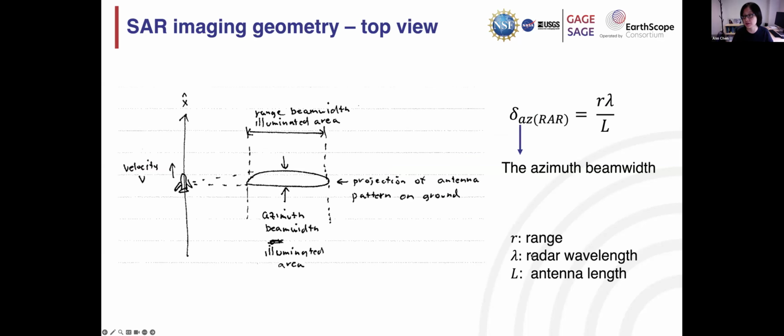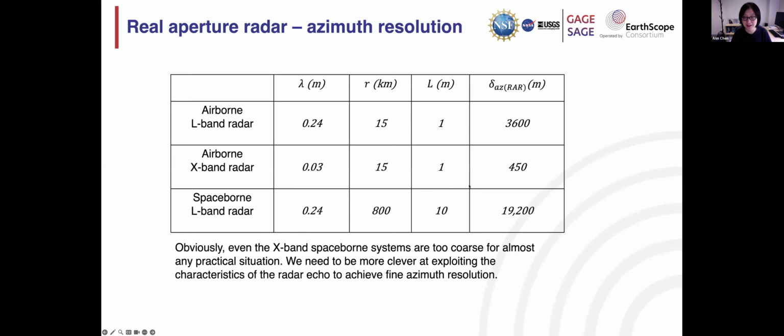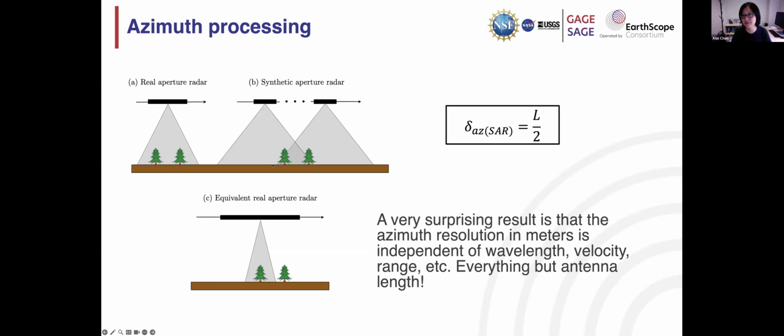If you go back to the previous one, when you have a longer synthetic aperture length, your azimuth resolution number goes down, and a smaller resolution is better, right? It's very surprising, after you go through all the geometry, that the azimuth resolution for the synthetic aperture is a very simple expression: L divided by 2.